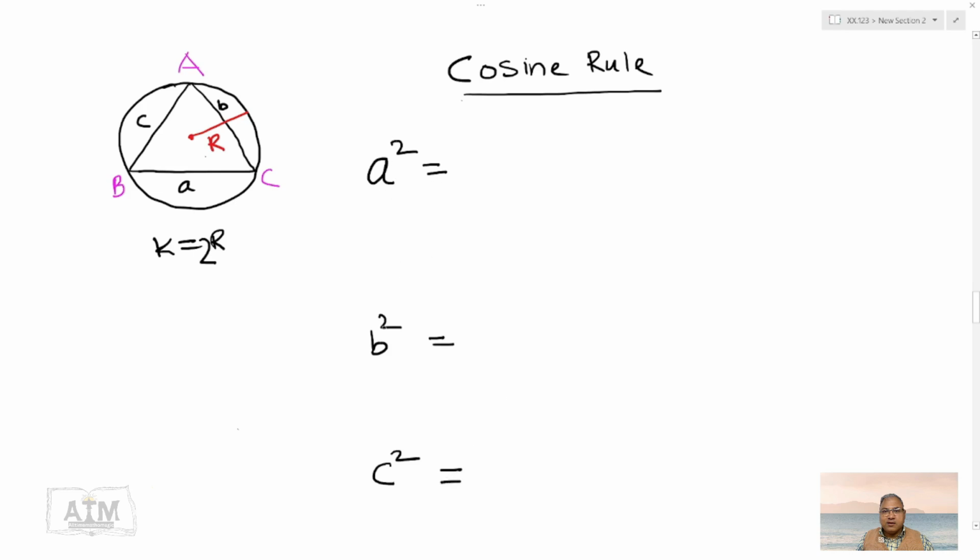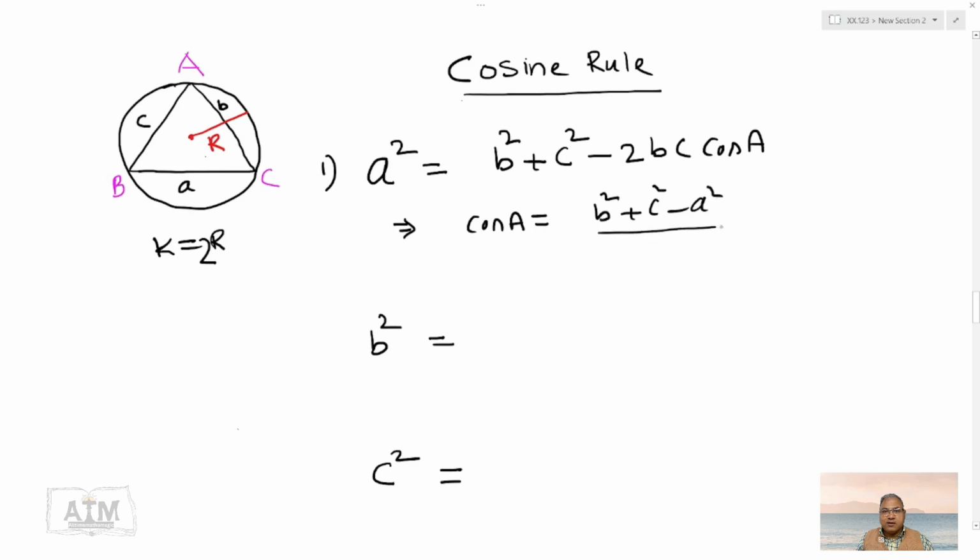The first formula: a square equals b square plus c square minus 2bc cos A, which on simplification gives cos A equals b square plus c square minus a square upon twice bc.